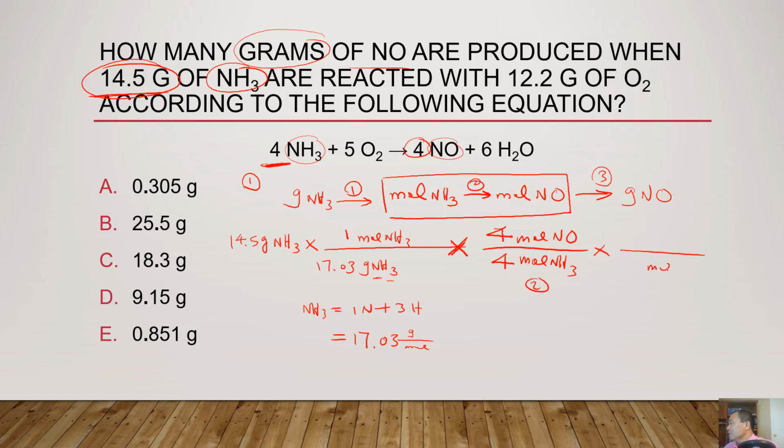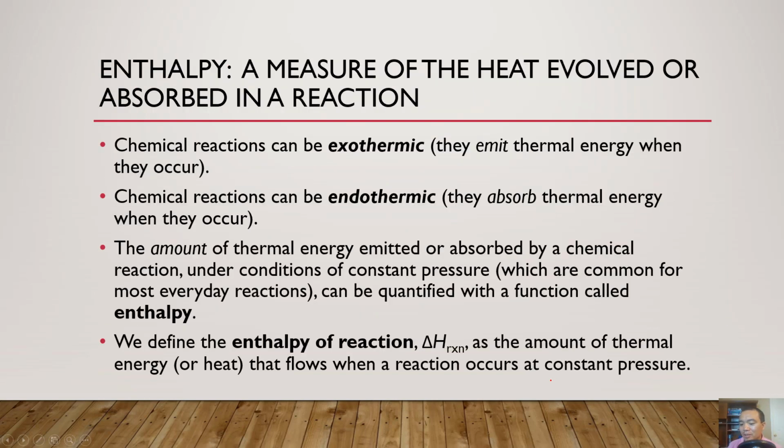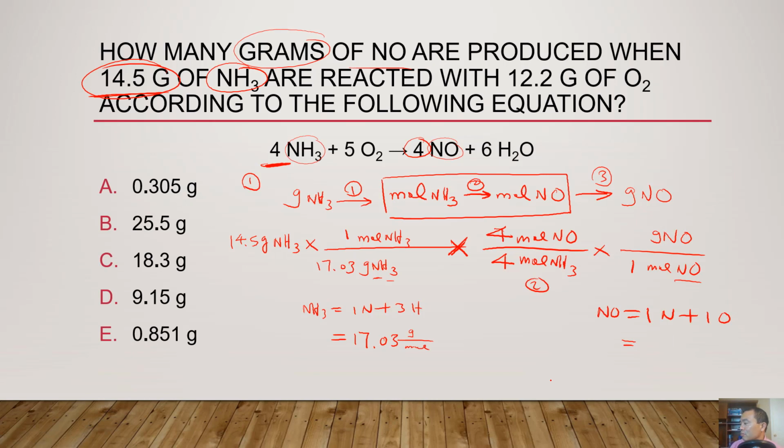So it's mole of NO converted back to grams of NO. Its molar mass: 1 mole is 1 nitrogen plus 1 oxygen. 1 nitrogen is 14.01, so 14.01 plus 16.00 gives you 30.01.